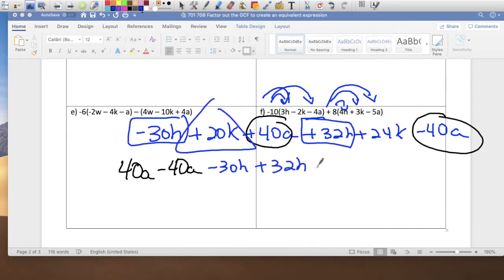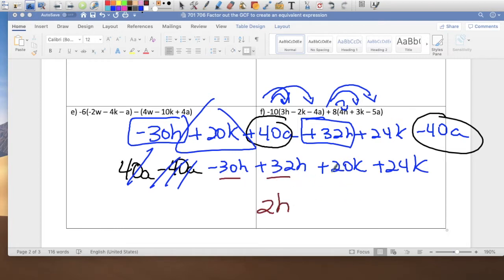And lastly, we get plus 20K plus 24K. 48 minus 48 is just 0, so this one goes adios. Negative 30H plus 32H, they're not friends, right? So there's 2 more, so it becomes 2H. Positive plus a positive, that's easy, so just 20K plus 24K is 44K.